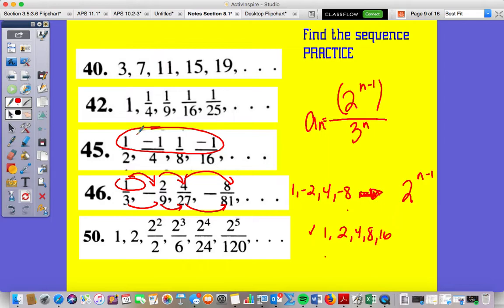I think I could just put a negative here. So negative 2 to the 0 is 1. Negative 2 to the, so I might have to put this in parentheses so that negative 2 is to something. But yeah, that would be our response here to get from positive, negative, okay?